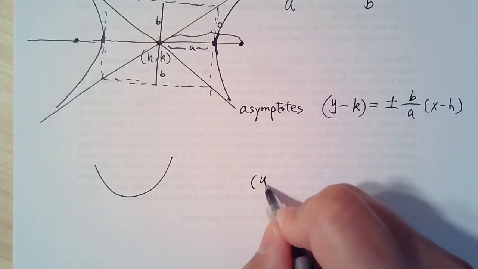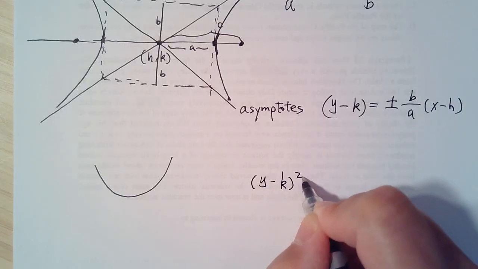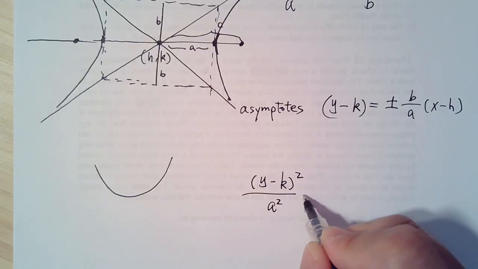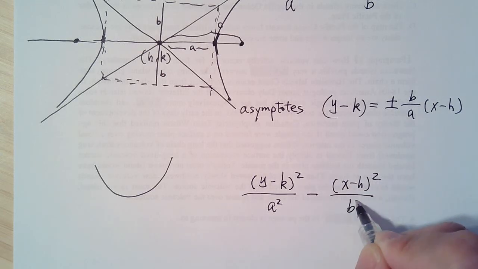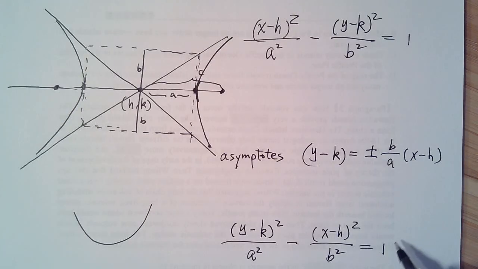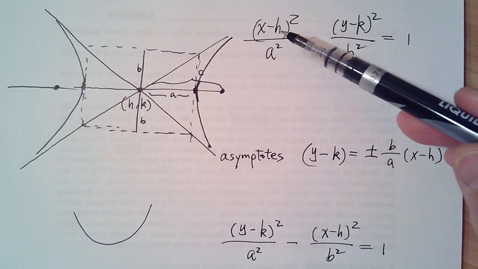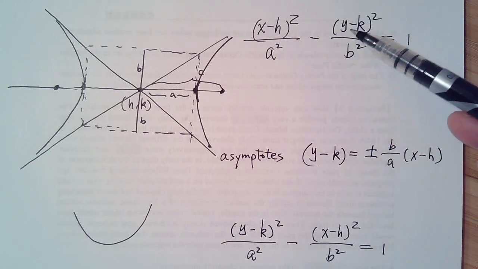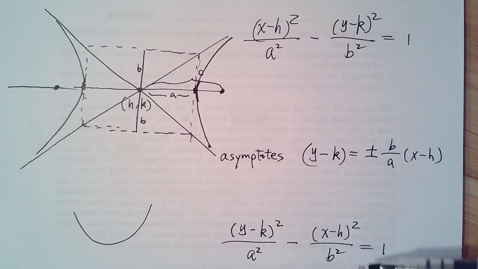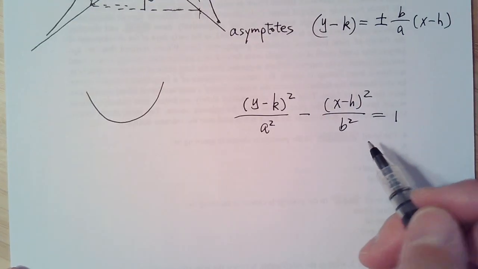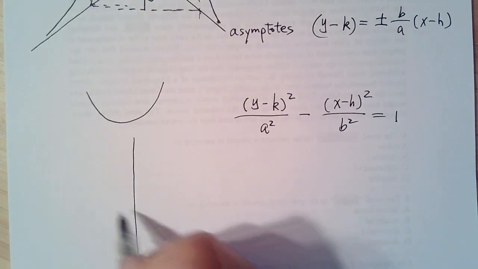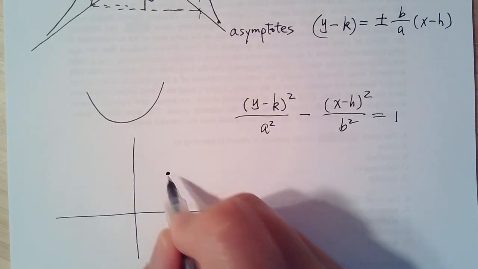So you have (y minus k) squared over a squared minus (x minus h) squared over b squared equals 1. You see the difference between these two? This one has x squared positive, y squared negative. This one, y squared is positive, x squared is negative. Now, how should we graph that? First of all, we find where my (h, k) is.